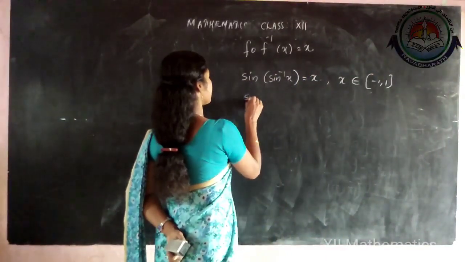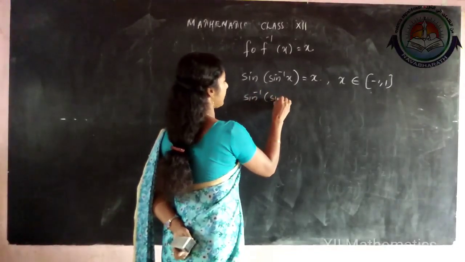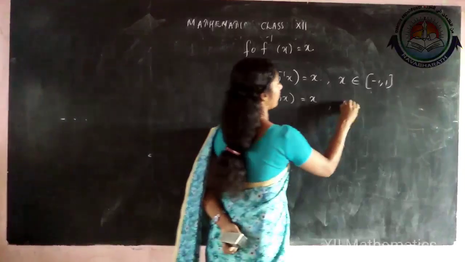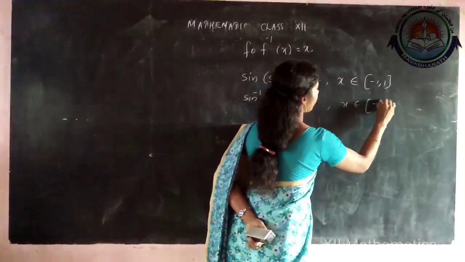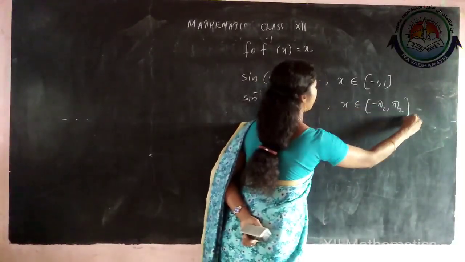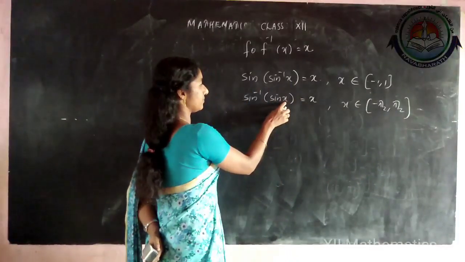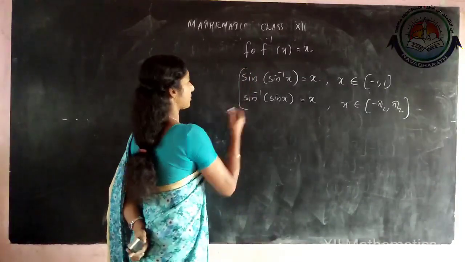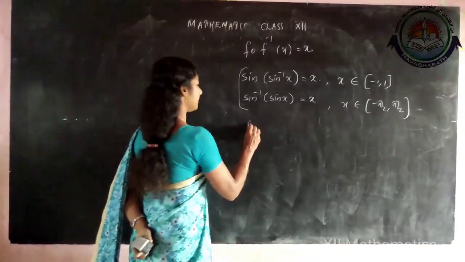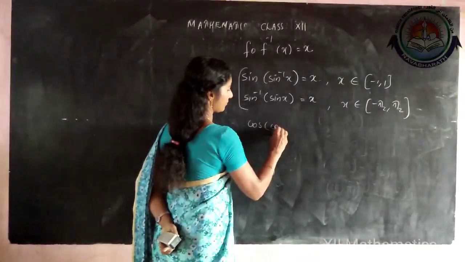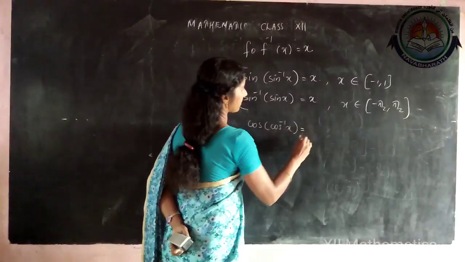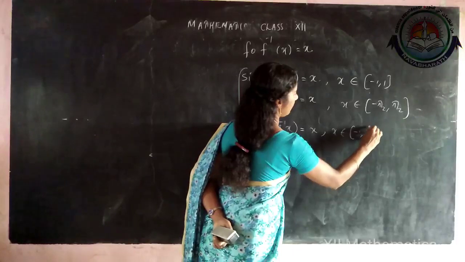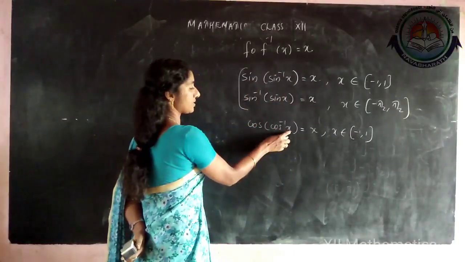Similarly, we can write sin inverse of sin x equal to x, where x belongs to minus pi by 2 to pi by 2. Why? The x values will be from minus pi by 2 to plus pi by 2. This is one property. Similarly, cos of cos inverse of x is equal to x, x belongs to minus 1 to 1, since cos inverse is defined on that set.